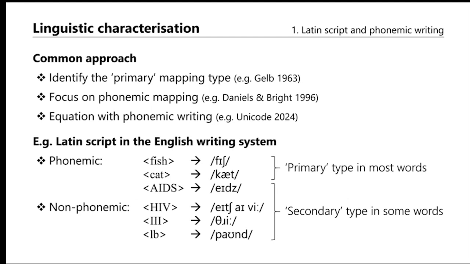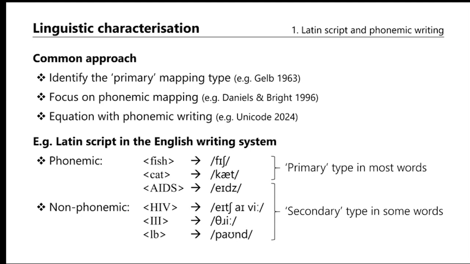The common approach is to first try to identify the primary mapping type. This is basically the approach proposed by Gelb and some other people in grapholinguistics. And when it comes to the Latin script, the focus is always on the phonemic mapping.